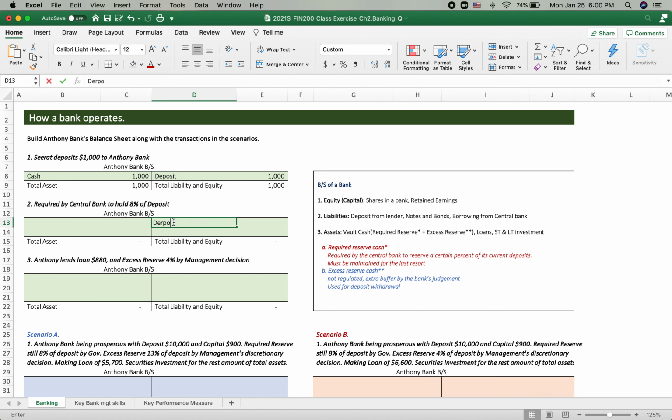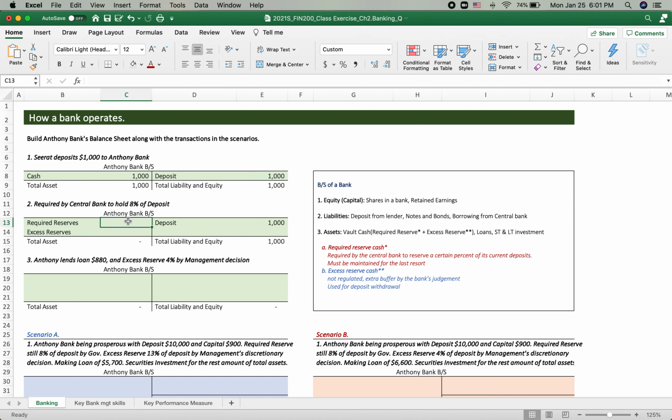So let's rewrite the Anthony Bank's balance sheet. Deposits $1,000, the same amount. Now this cash amount is reclassified into two different types of cash. One is the required reserve. The other one is excess reserve.